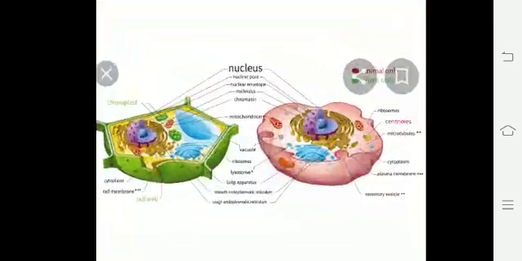A very large vacuole is found in the plant cell only, but in the animal cell there is no vacuole, or if there is, it is very small. Anyhow, there are some organelles: mitochondria, ribosomes, Golgi complex, endoplasmic reticulum, lysosomes, and centrosomes. These are all the organelles, so one by one we can study now.